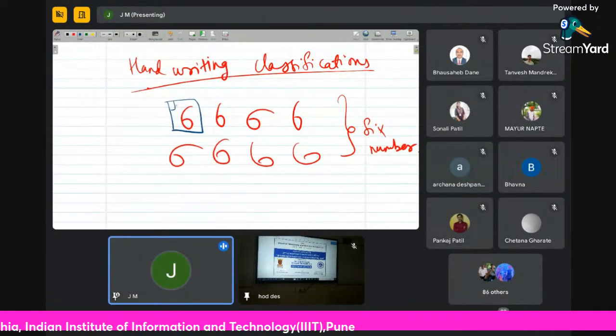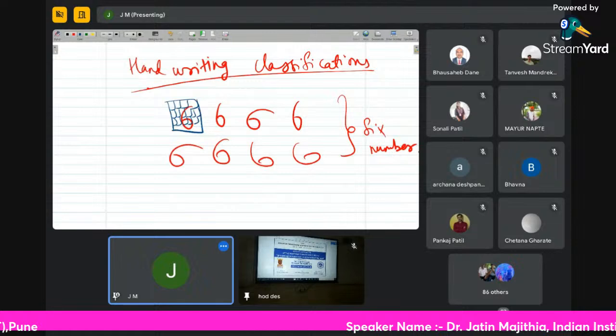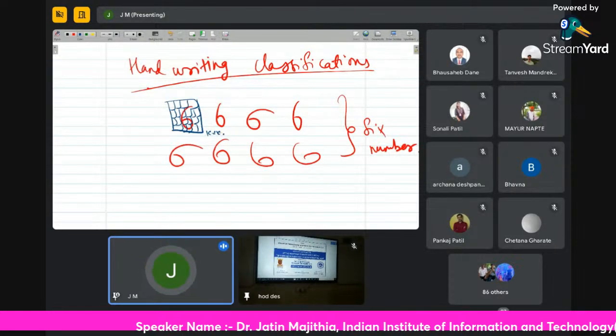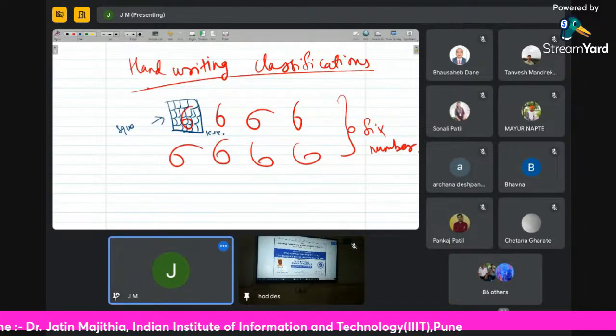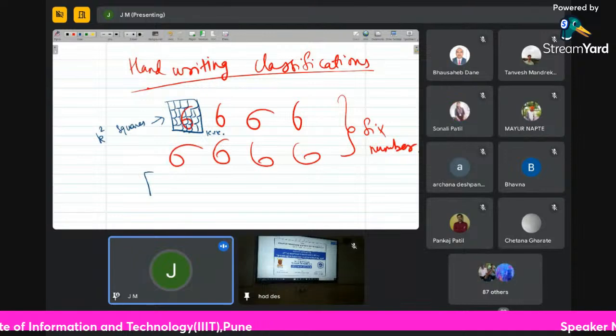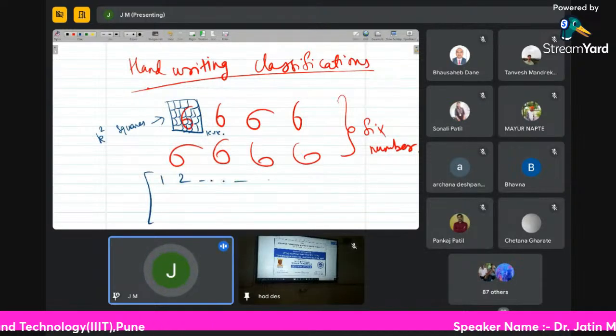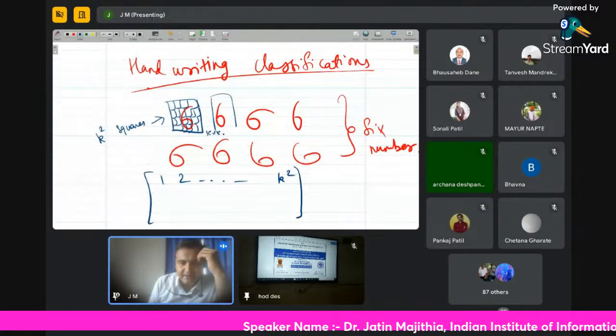Again, it will have this; it is nothing but made up of squares. It has the color code. Suppose this is an image of size k cross k. So in total how many squares? You have k square squares. Then this is the first image, 1 2 up to k square. I have put this first. This is my second data set. Again, this is a k cross k image.